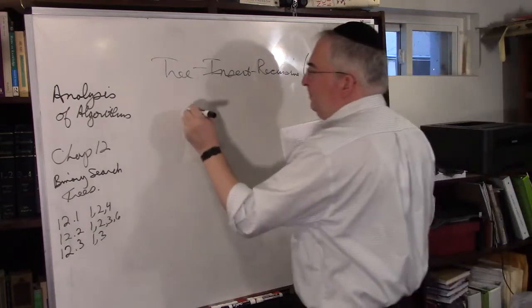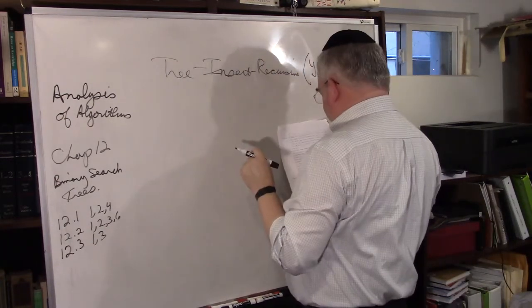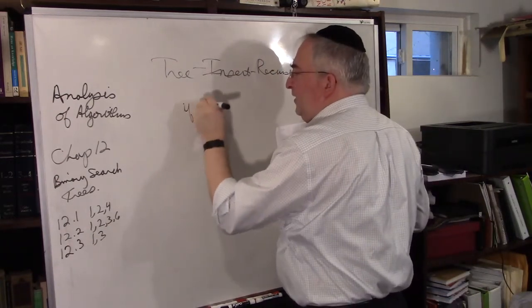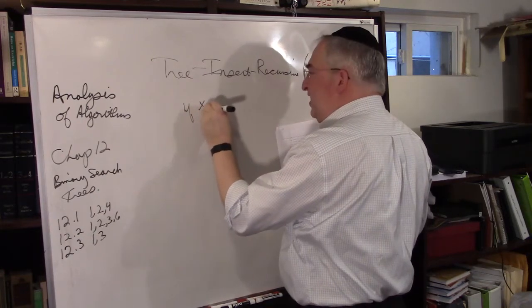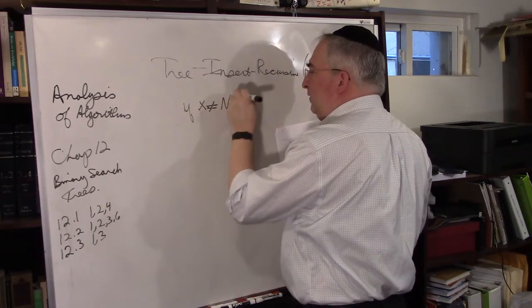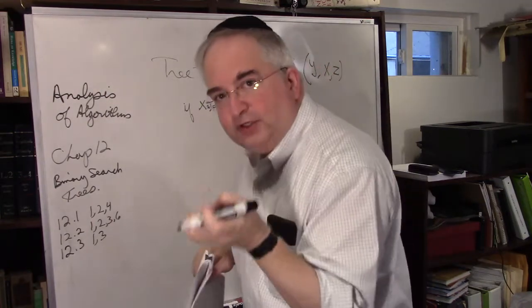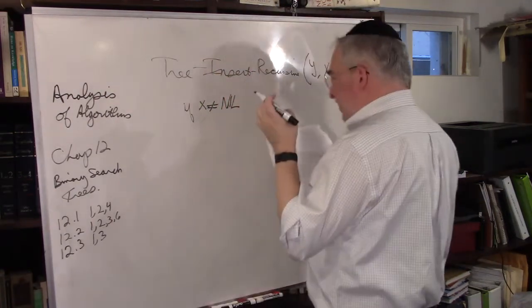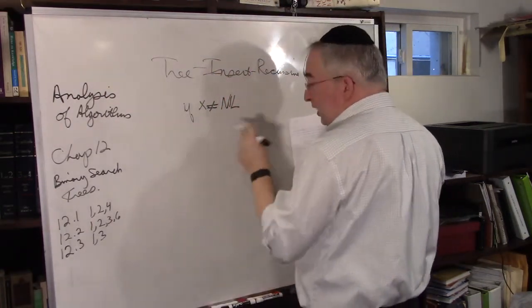Okay, so let's do it. I'll tell you what these things are in a second. If x is not nil, what are we doing? We're climbing down the tree till we find nil. So if x is not nil, then we keep on climbing.